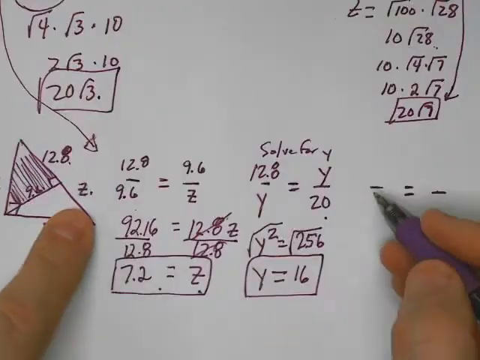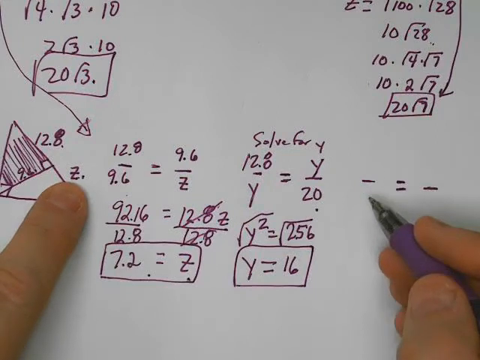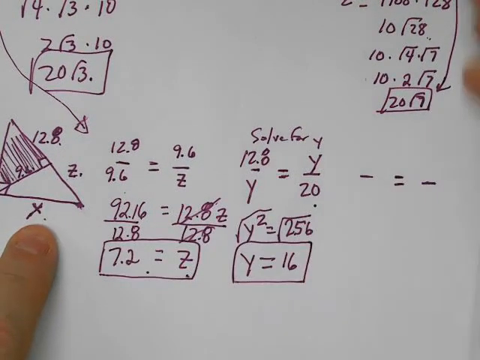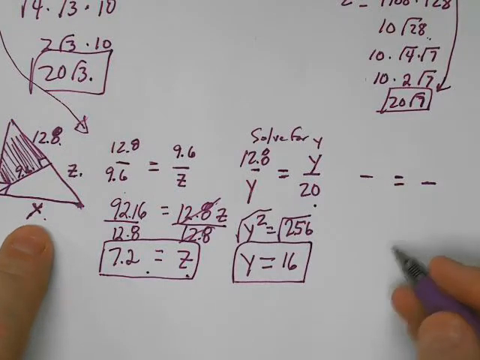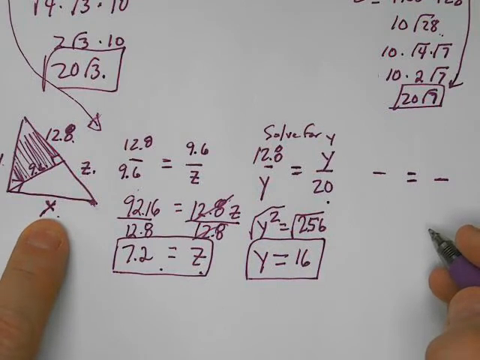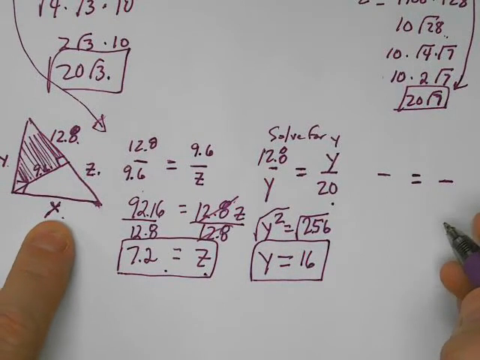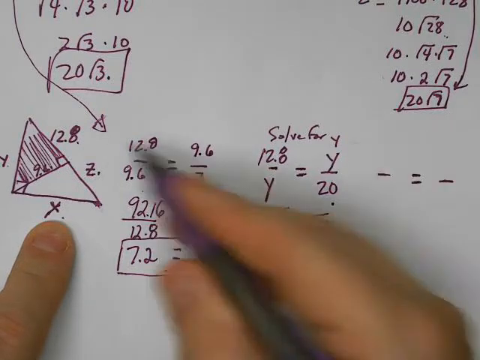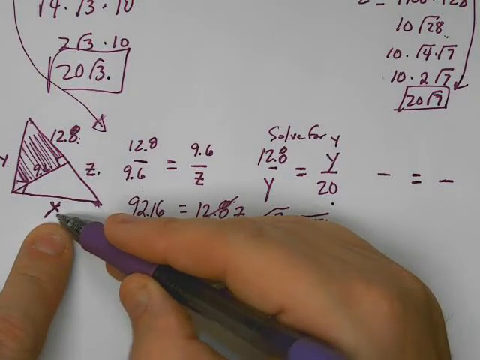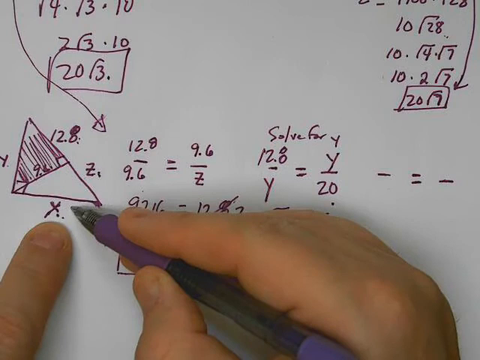What's the parts? We're doing, in this case it's x. It was z up there, sorry, but it's x. So x is the geometric mean between what? Is 12.8 the side that's adjacent to x? Z is adjacent to x, right?